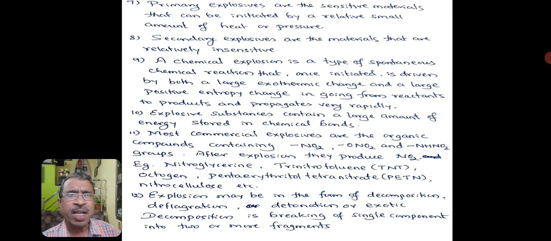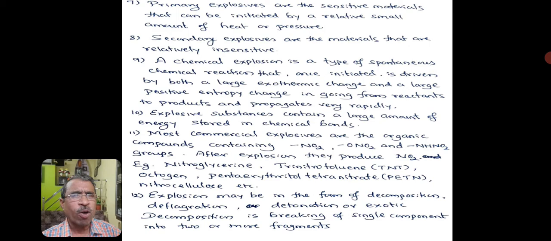Examples of this kind are nitroglycerin, trinitrotoluene, commonly called TNT, octogen, and pentaerythritol tetranitrate, generally called PETN. And also you have nitroglycerin, nitrocellulose, and so on.